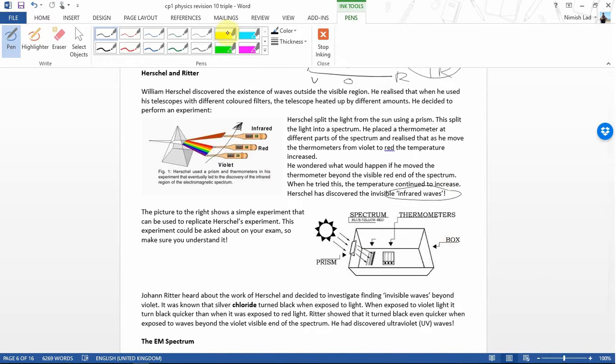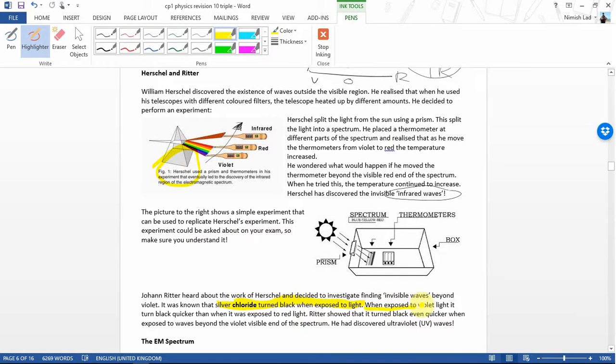Ritter did the same work, looking mainly at ultraviolet though. So he moved across this way. He realized that silver chloride turned black when exposed to light. When he moved it beyond violet and into the invisible rays over here, he realized that it turned black quicker than when exposed to other colors.